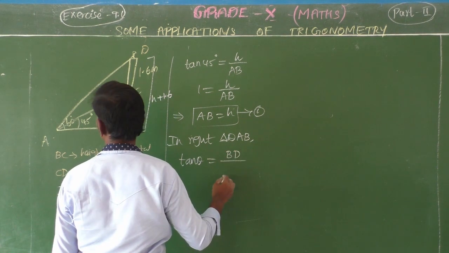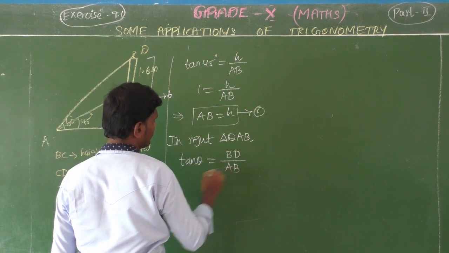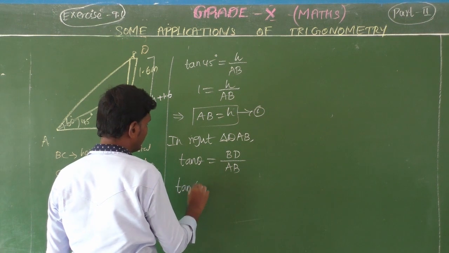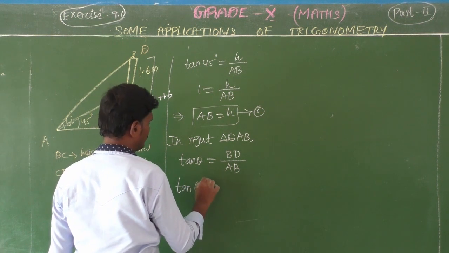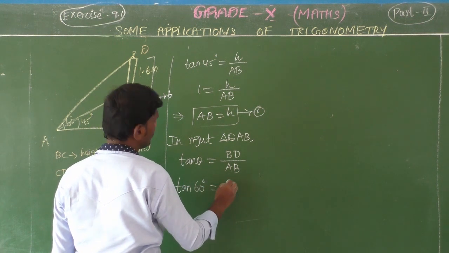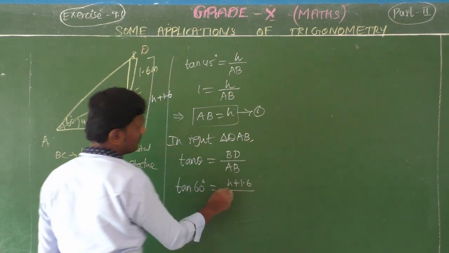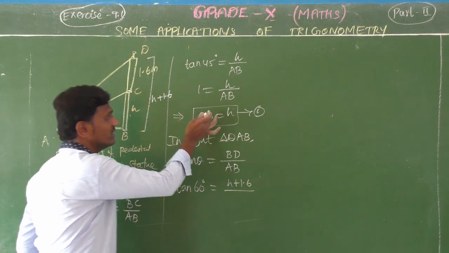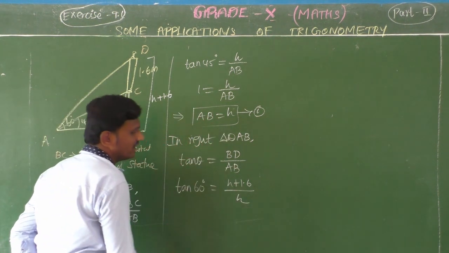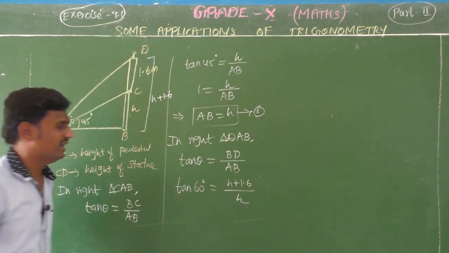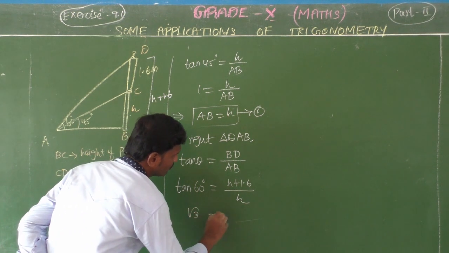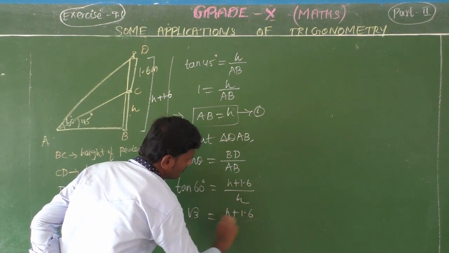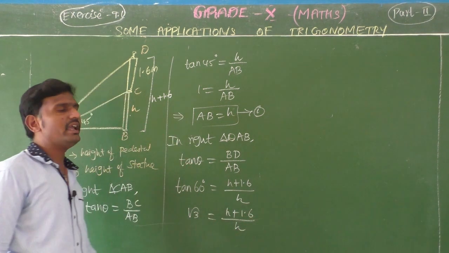So tan 60 is equal to H plus 1.6 divided by AB, and AB is already known to be H. Tan 60, you know, is root 3. So root 3 equals H plus 1.6 whole divided by H.